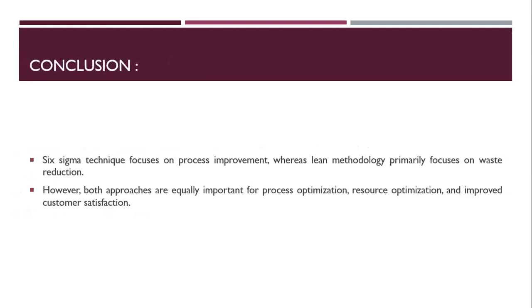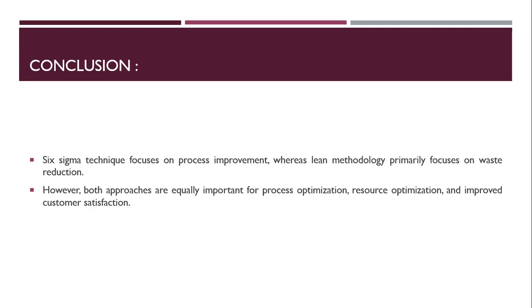So now we will come to the conclusion of the presentation. The Lean Six Sigma concept mainly strives for continuous improvement in every day-to-day process activity by controlling the unwanted waste by reducing it.